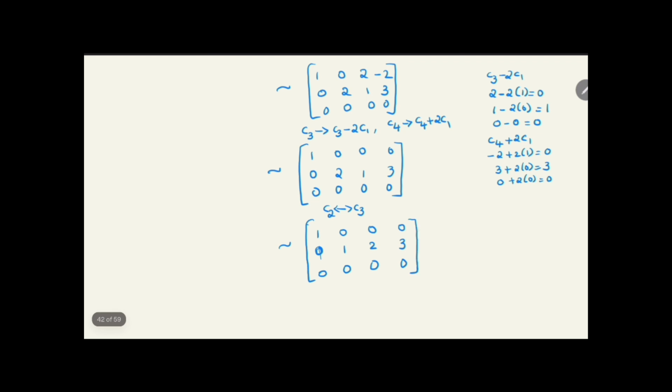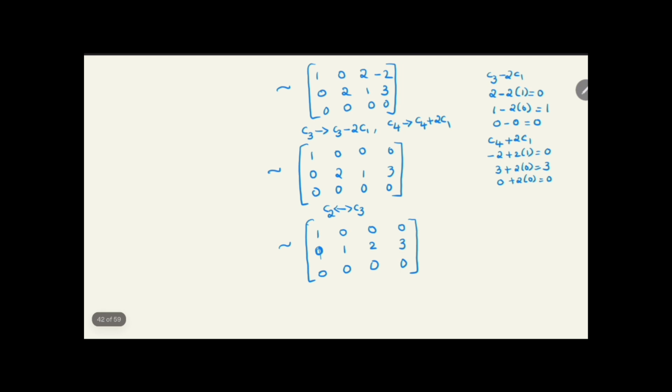Yes. Now after this element has been made 1, the element below it is already 0, so there is no need to perform any operation here. Next I have to go back here. I have to make these two 0.